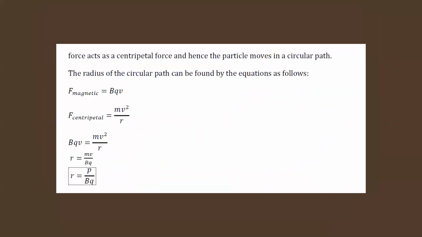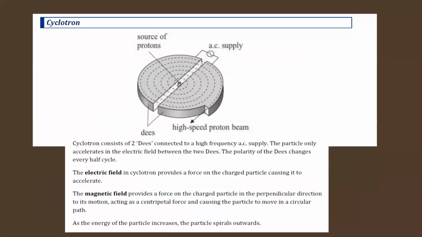But the advantage of the cyclotron is that, because we use a magnetic field, the particle can cover a greater distance in a circular path. Eventually it will reach out and have a collision. For example, if we want to accelerate a proton, we have a source of protons.